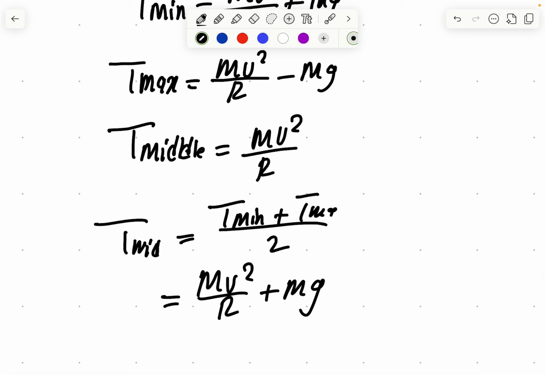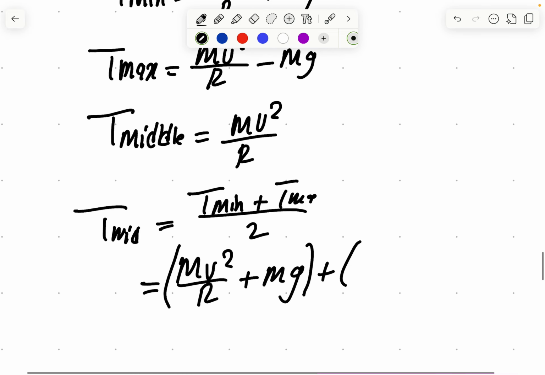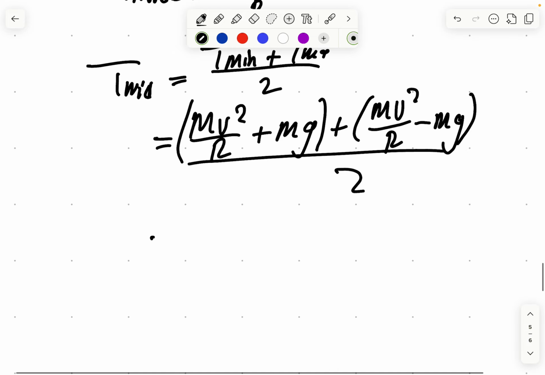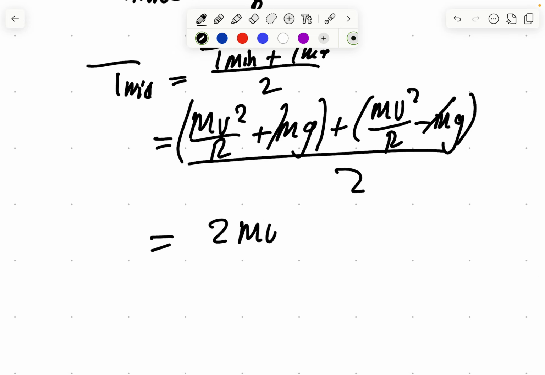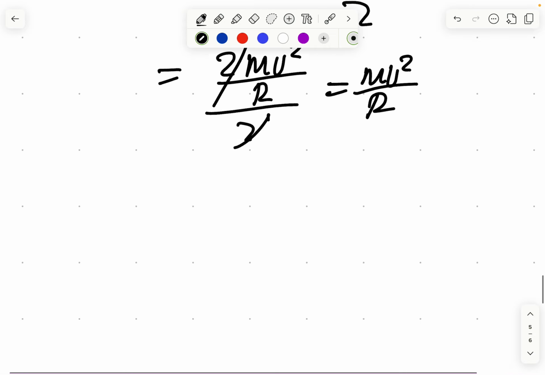I think it's right because it is the average force, since it's in the middle. And tension at the maximum point is mv squared divided by r minus mg, all divided by 2. These two mg terms cancel each other. The two mv squared divided by r terms add, giving 2 mv squared divided by radius, divided by 2. These twos cancel each other, so I'm going to have mv squared divided by r. Yeah, that person was right.